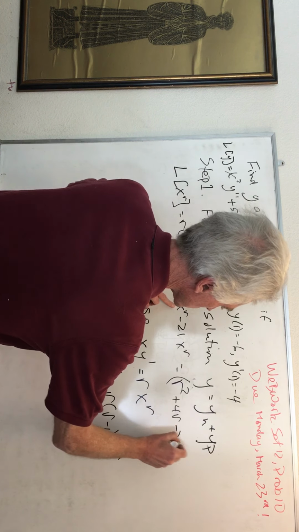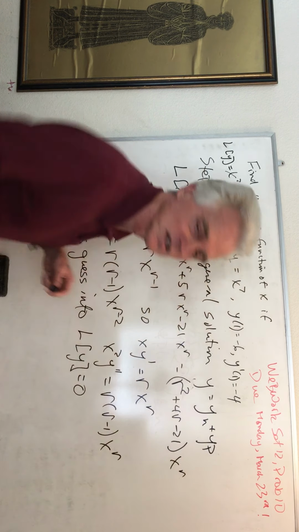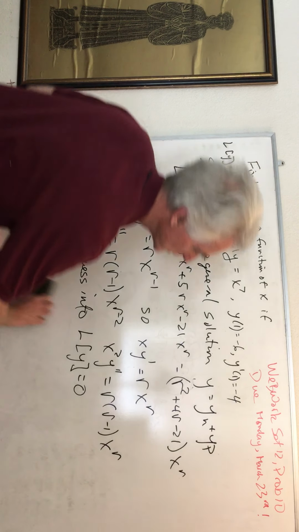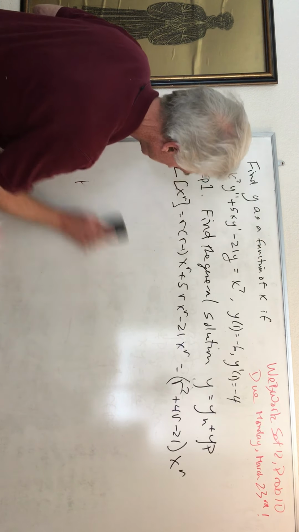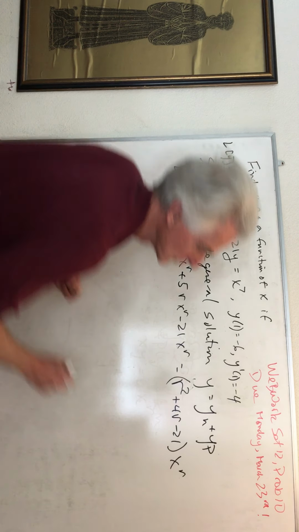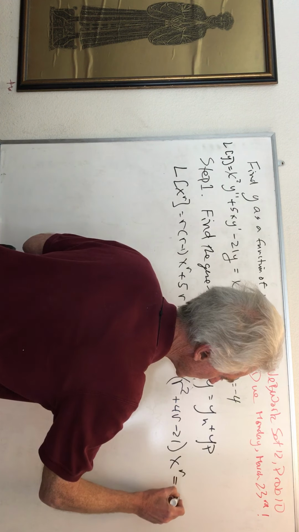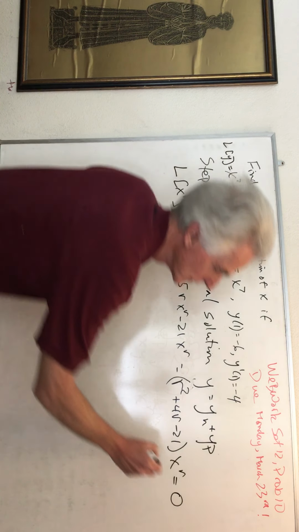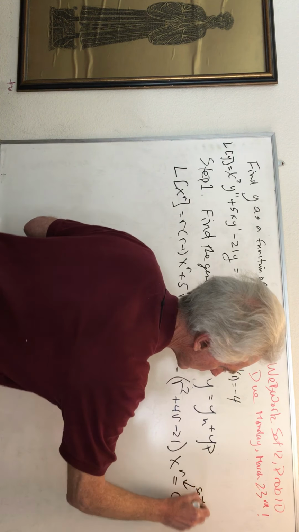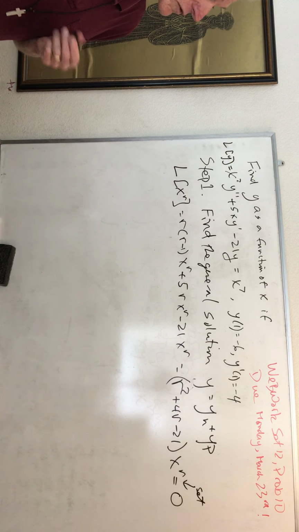And then I get minus 21 all times x to the r. And that's going to be a useful thing. All right. So what we're going to do is we want that to be 0 for all x. We're going to solve Ly equals 0.